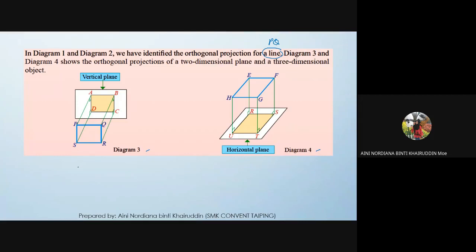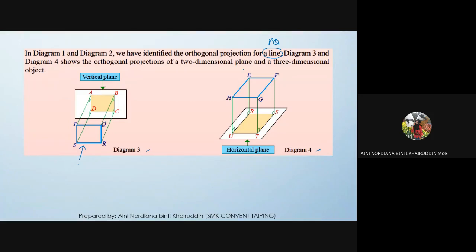Okay, yang ni like dia ni dari depan lah, dari depan. Okay, so P akan pergi dekat A, Q to B, R to C, S to D. So A, B, C, D adalah orthogonal projection for object P, Q, R, S. Yang Q, B, R, C, P, A, S, D ni adalah normal to the plane.